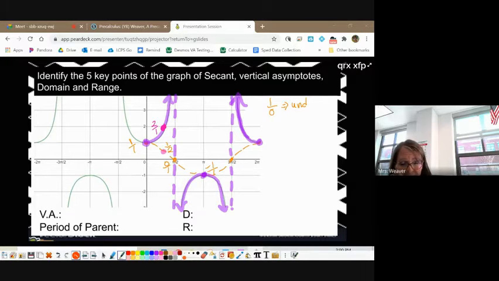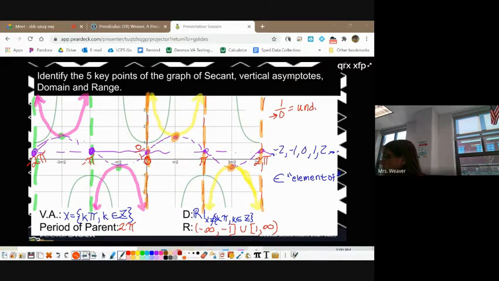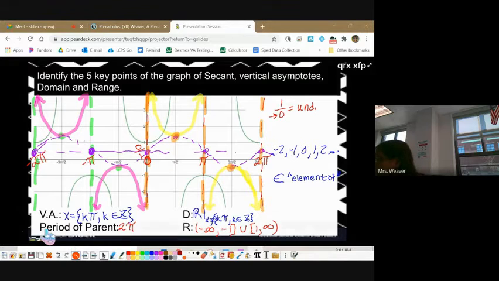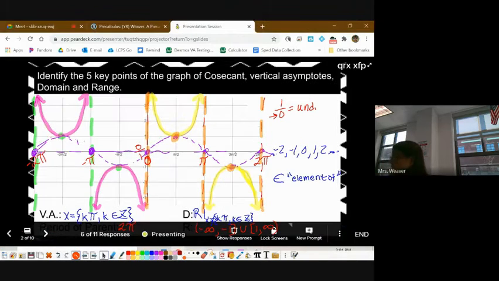Notice for secant, we have half of a smile, a full frowny face, and the next half of the smile. So it's not as pretty of a picture. If we jump back and take a look at our cosecant, sorry, you probably didn't appreciate that. There, one cycle is the full smiley face and the full frowny face.